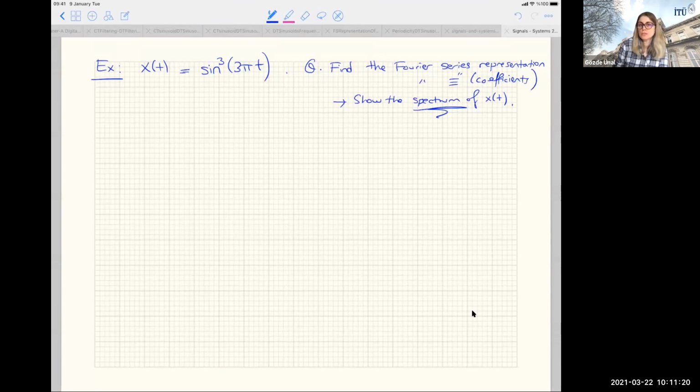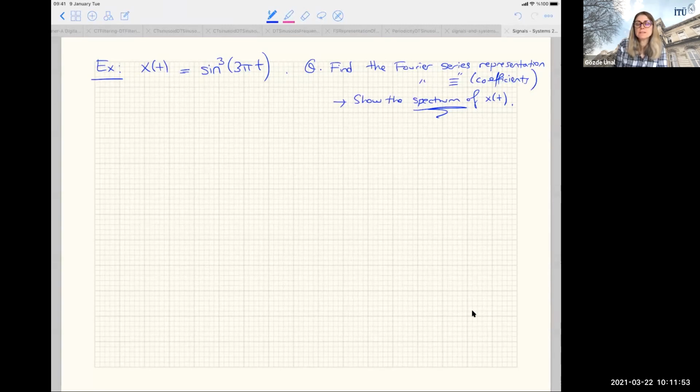Any thoughts on this? Remember, when you see sine cubed, you should directly think of the Euler formula. If we are talking about Fourier series coefficients, we know those basis functions are complex exponentials, and if I can convert this sine or cosine type signal into complex exponentials, it's very easy to find the Fourier series coefficients.